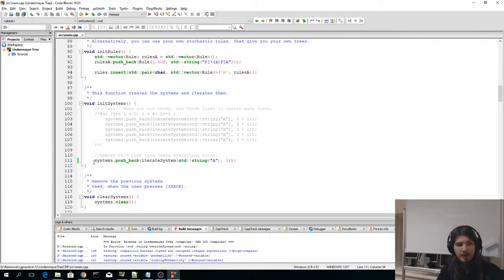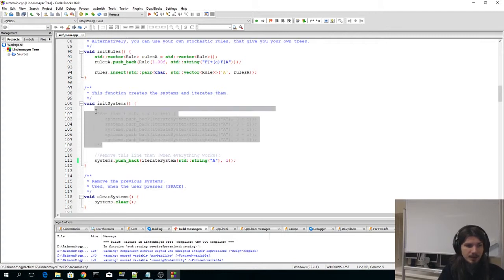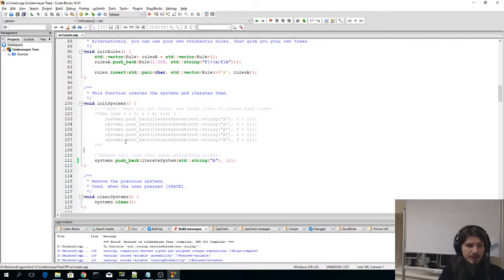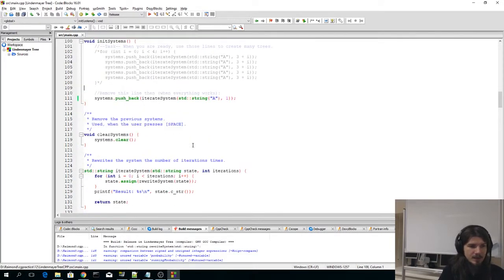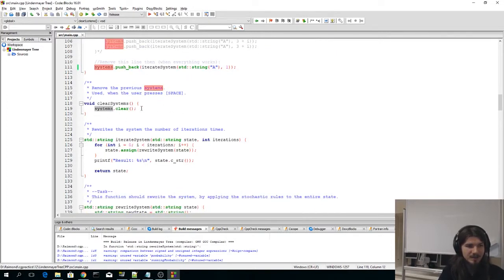And when you have implemented everything, then you can probably uncomment those lines, and those should generate a picture similar to the picture in the task description. So when you press space, it clears the systems and creates new ones.